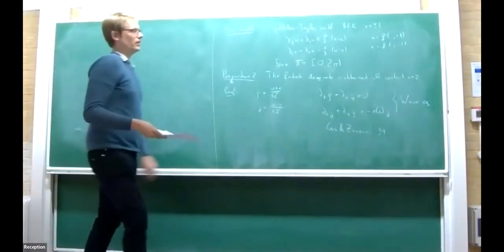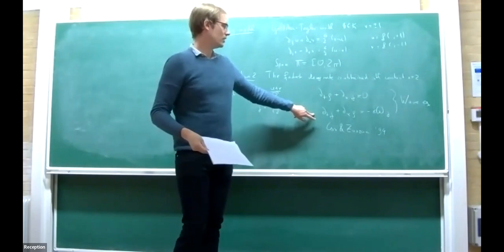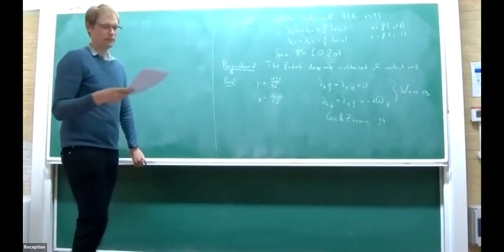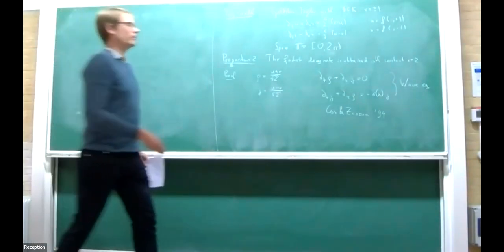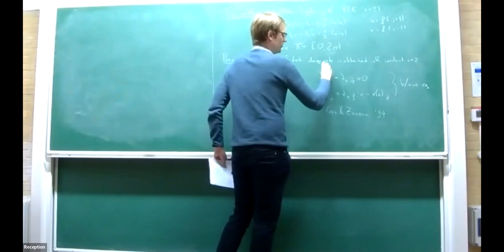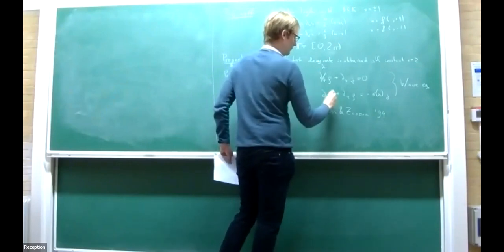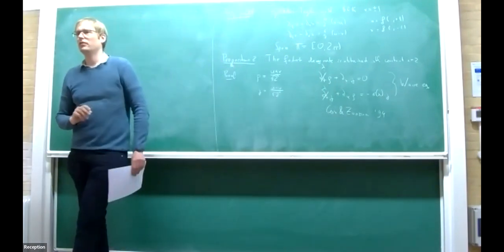So the first thing is that here we have a pair of equations, but if I now really just want to look at eigenvalues, this time derivative is just replaced by lambda, the frequency.